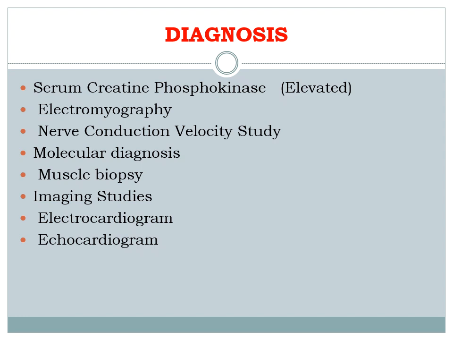Then diagnosis, how you can diagnose that it is muscular dystrophy, how we can find out. The serum creatine phosphokinase level is increased. Check the blood serum creatine phosphokinase level. Then electromyography, so we can find out. Nerve conduction velocity study.